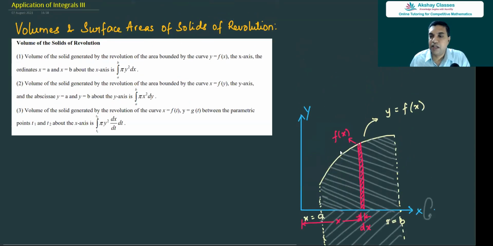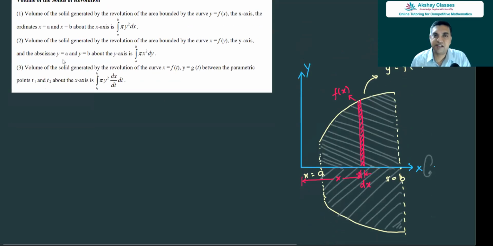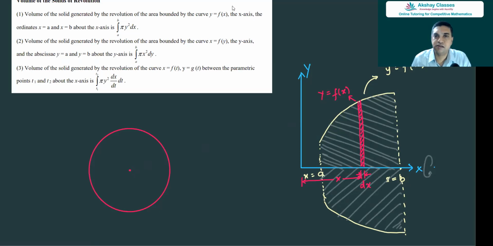So now when we revolve this strip about the x-axis, all right, I'll draw in red, we will get a circle of radius f of x, or radius, I should say, y, and it's a circular ring.